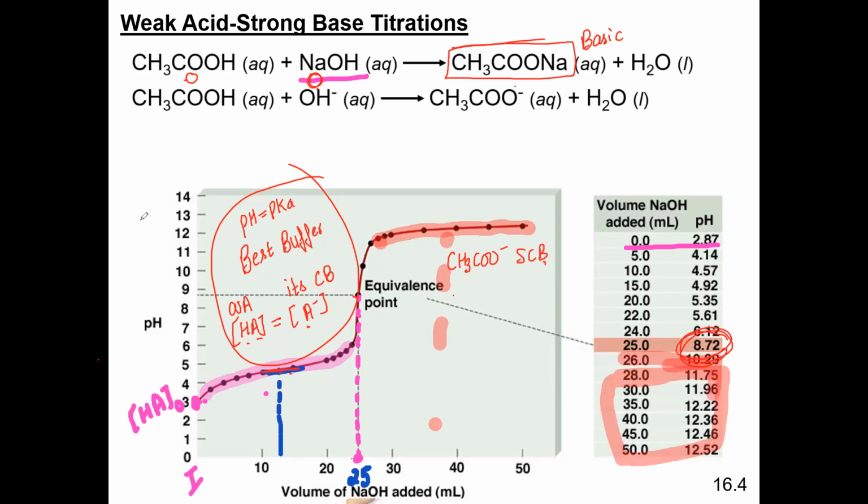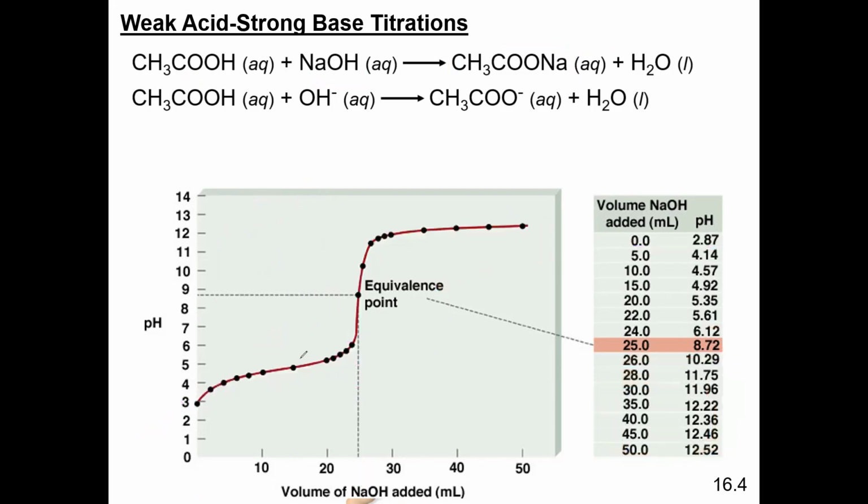See, this area is excess of base. pH jumps very strongly around 11 and 12 because NaOH is a very strong base. So children, can you write down about the half equivalence point here? In the titration of a weak acid with strong base, you are going to get a basic salt.